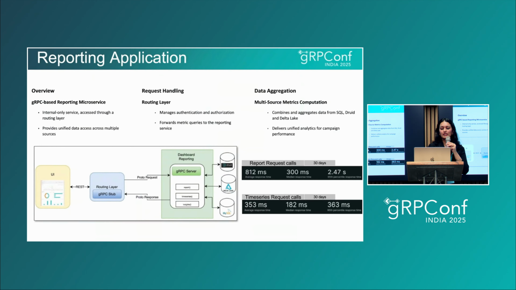Next is the time series request, with an average response time of 353 milliseconds. This time is comparatively less because it supports a lesser number of metrics and dimensions.